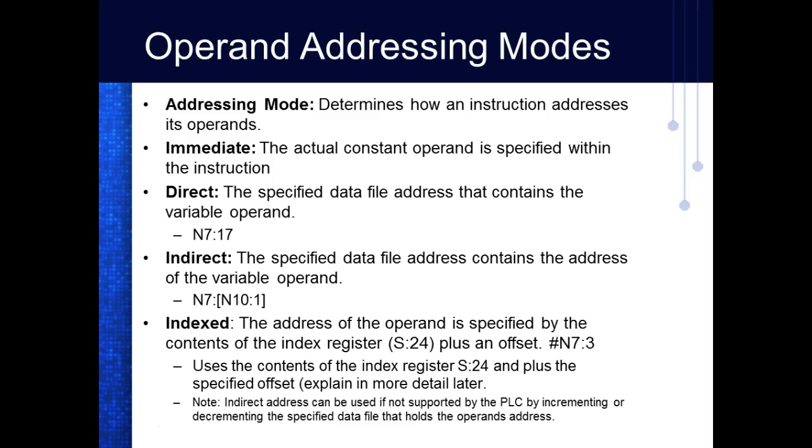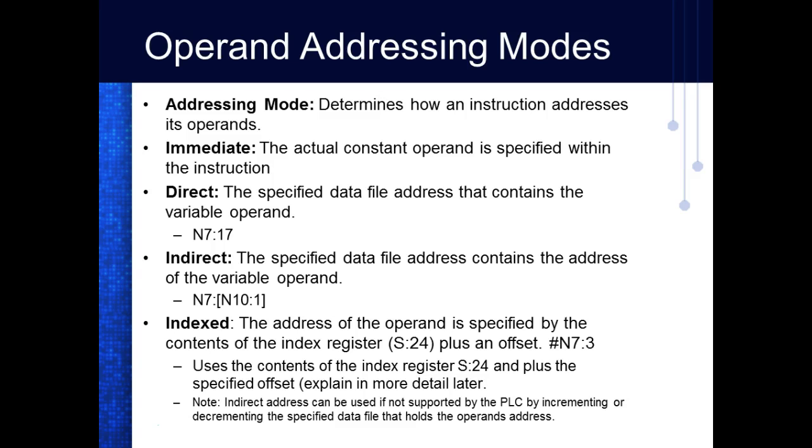Then we are going to use this one. It's called indexed addressing. So there's a really neat register inside the microprocessor. So this is truly a register. It's going to be S24, this is the index register. And what we do here is we take the contents of whatever's in S24, and then we're going to add an offset to it.